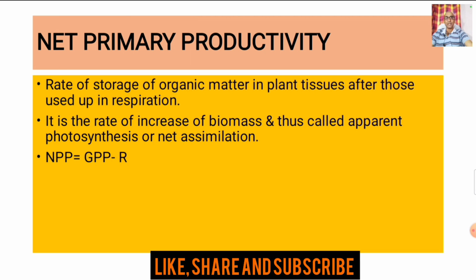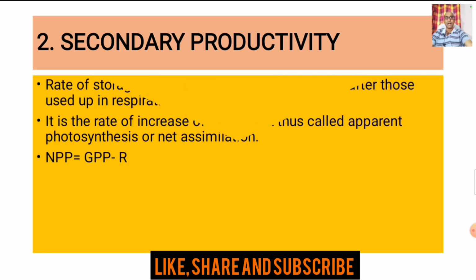So net primary productivity is production minus respiration, or gross primary productivity minus respiration. As a result of net primary productivity, accumulation of biomass occurs. Hence it is known as apparent photosynthesis or net assimilation.